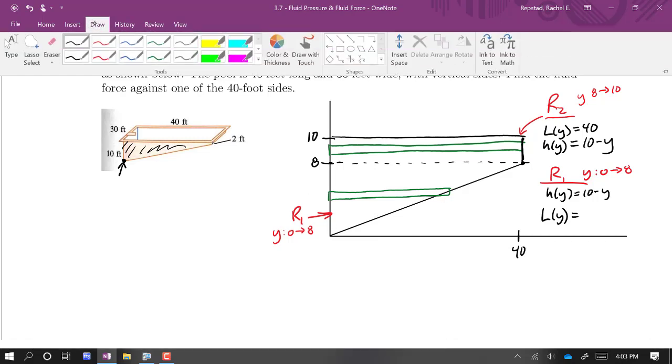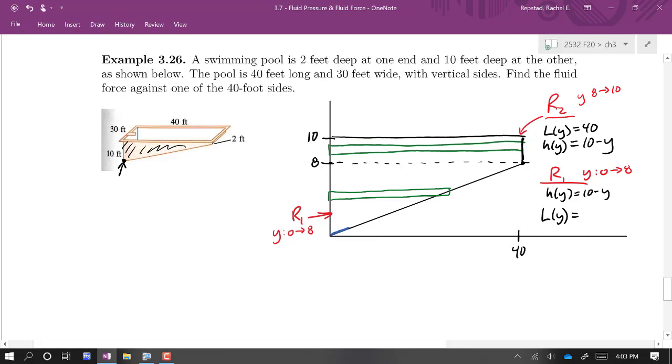For L of y, though, L of y is going to be given by the x-coordinate on this line right here. It's a line that goes through the origin, so it's really simple. It's just slope times x. The rise over run is 8 over 40, so that's 1/5. y is equal to 1/5 x, and that means that x is 5y.